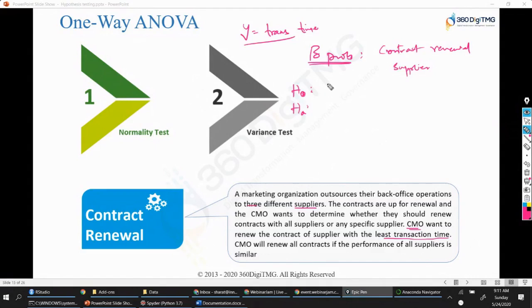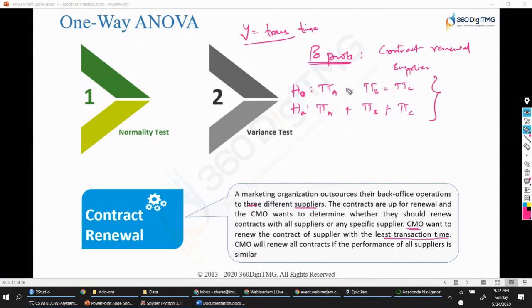My null hypothesis says, always remember equal to: the transaction time of supplier A, or supplier 1, is equal to the transaction time of supplier B, and this is equal to supplier C. A not equal to B not equal to C is what we can frame as the alternative.